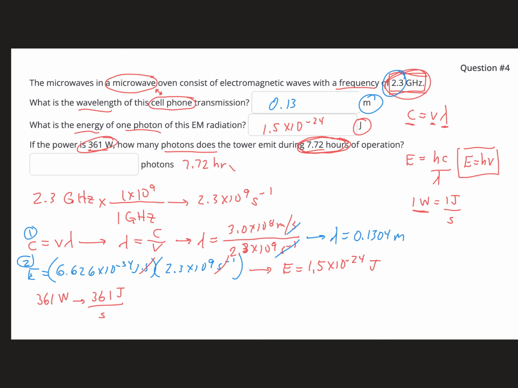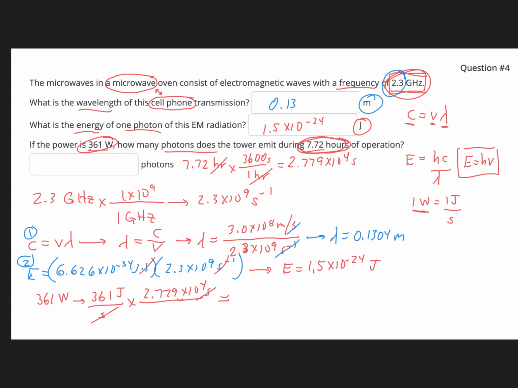In 1 hour there are 3,600 seconds, so we can get rid of hours. 7.72 times 3,600, I get 2.779 times 10 to the 4 seconds. So we run that for 2.779 times 10 to the 4 seconds.